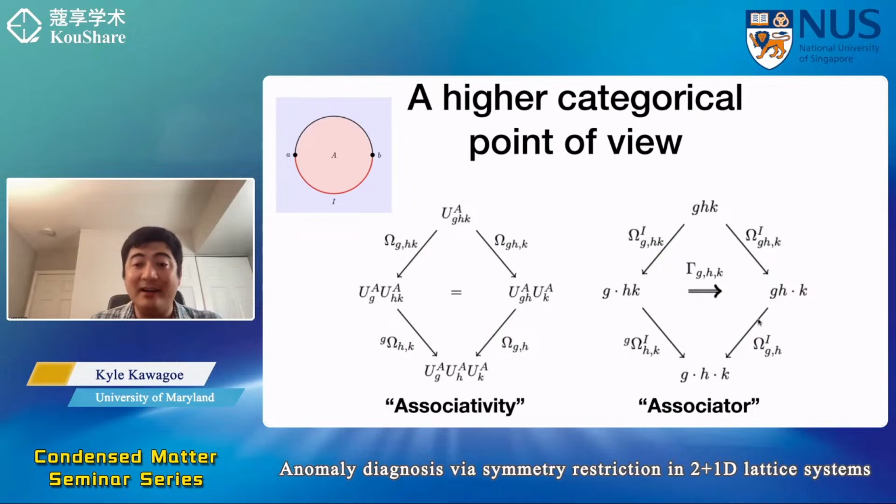In other words, some higher morphism, an invertible morphism. So after restricting omega to an interval, multiplying this omega by that omega will be the same as this omega times that omega up to some gamma. So what was associativity now becomes an associator morphism, a 2-morphism now.